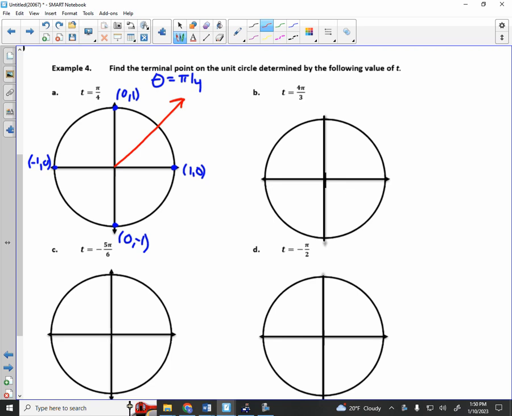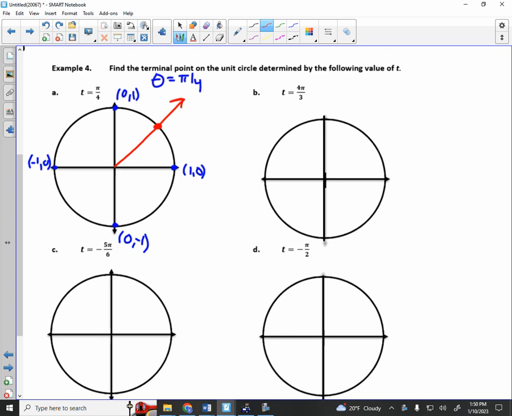I draw a 45-degree angle. And I want to know where that angle crosses the unit circle. I want to know that coordinate. Okay? Can everybody agree by looking at it? It's not like a half and a half. So we want to find that spot.